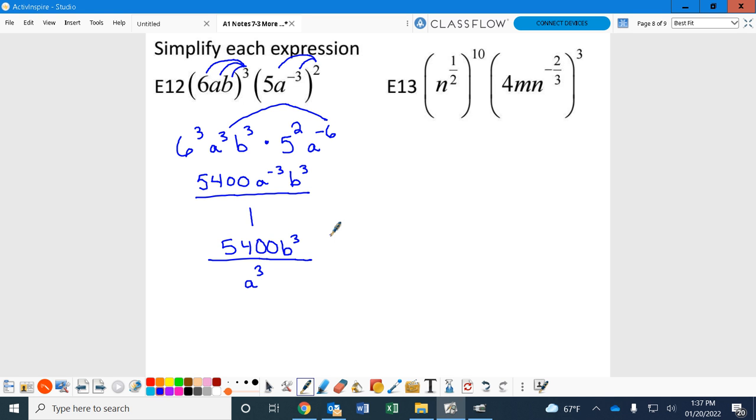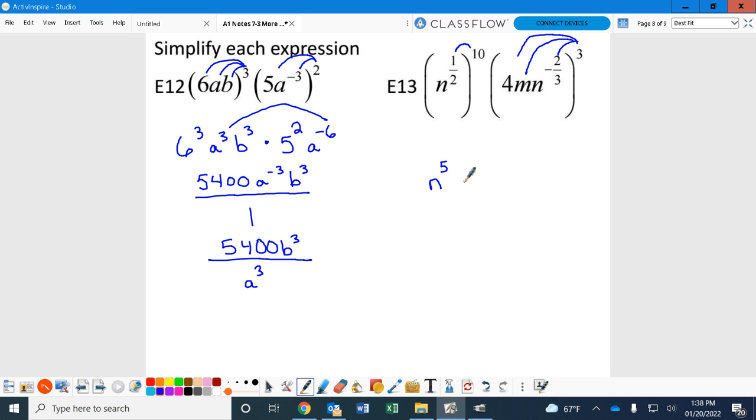Okay. The last one deals with powers and fractions and other things. It's our last one, so let's make sure we understand it. This 10 gets distributed to this 1/2. This is power on power. Guys, you shouldn't need a calculator. What's half of 10? 5. Y'all all know that. Then this 3 has to be distributed to all of these things inside here.